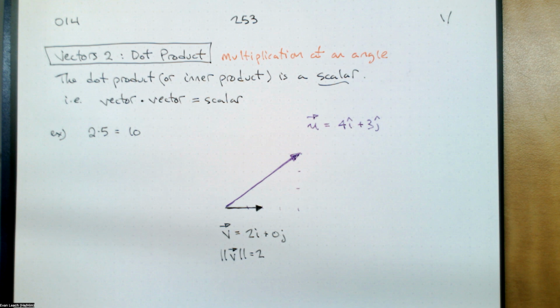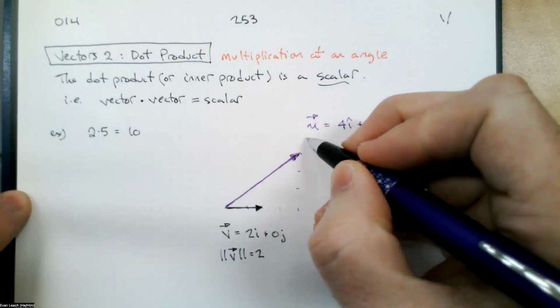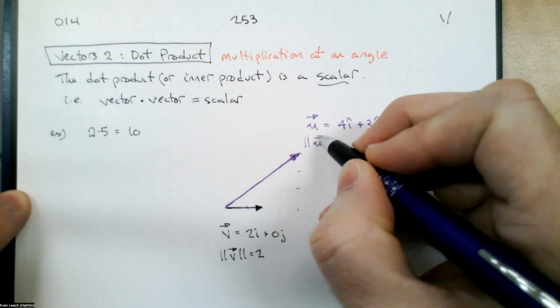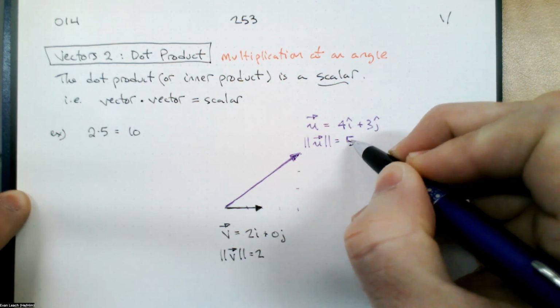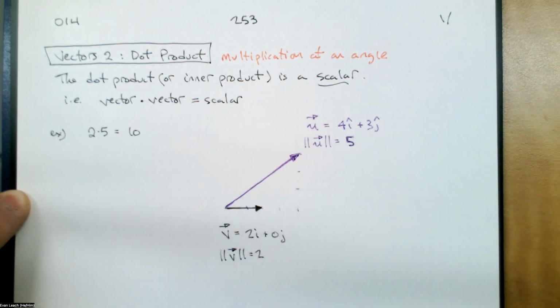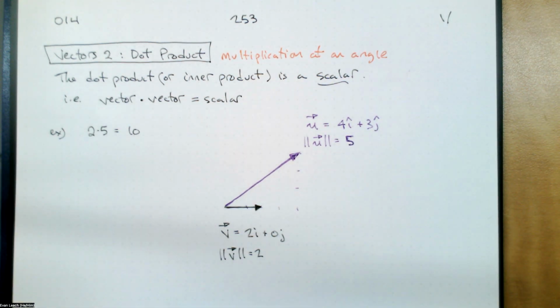So the magnitude of u is 5, because I have a 3, 4, 5 triangle. So the length of u is 5.